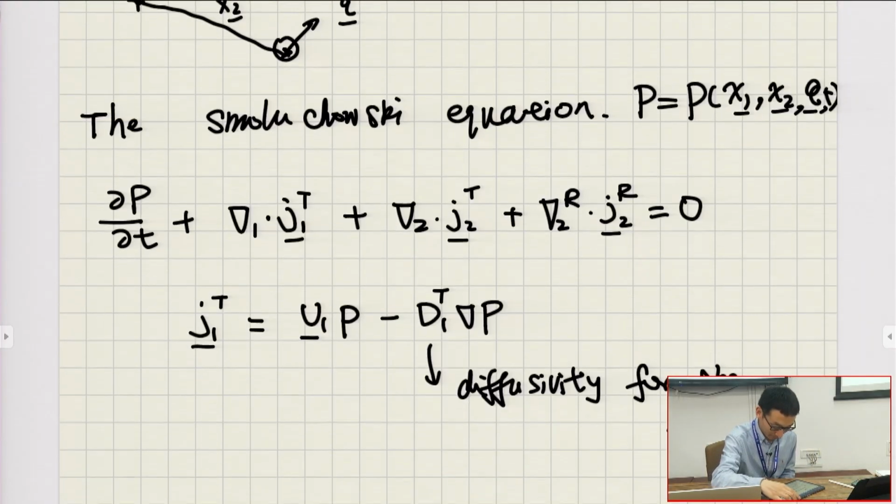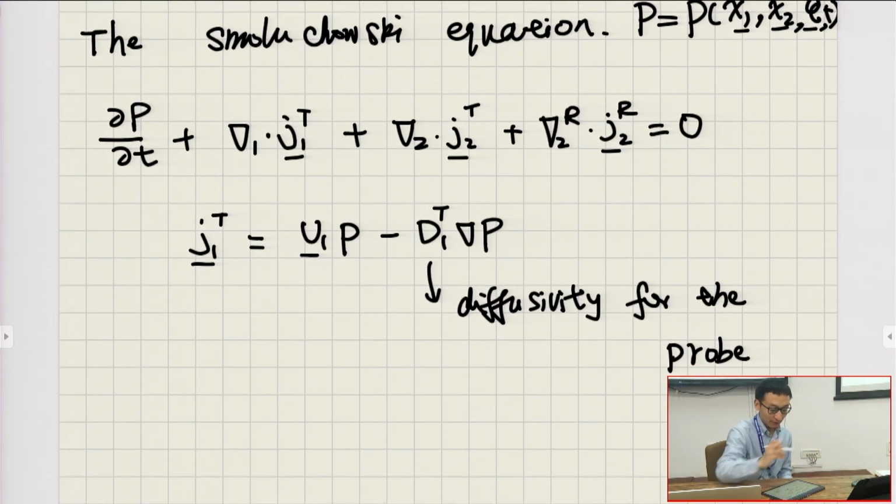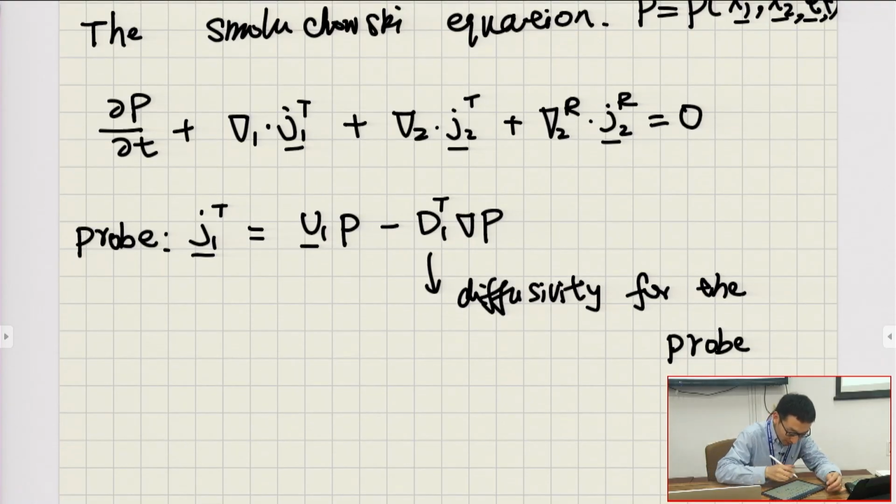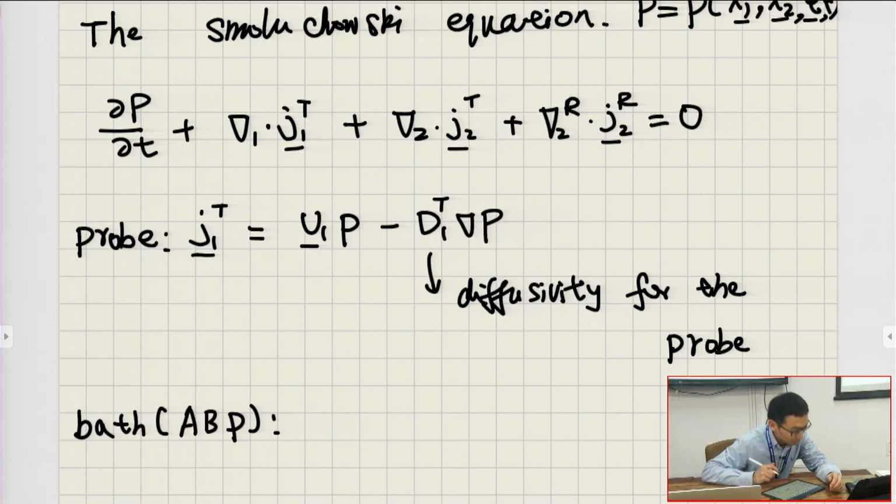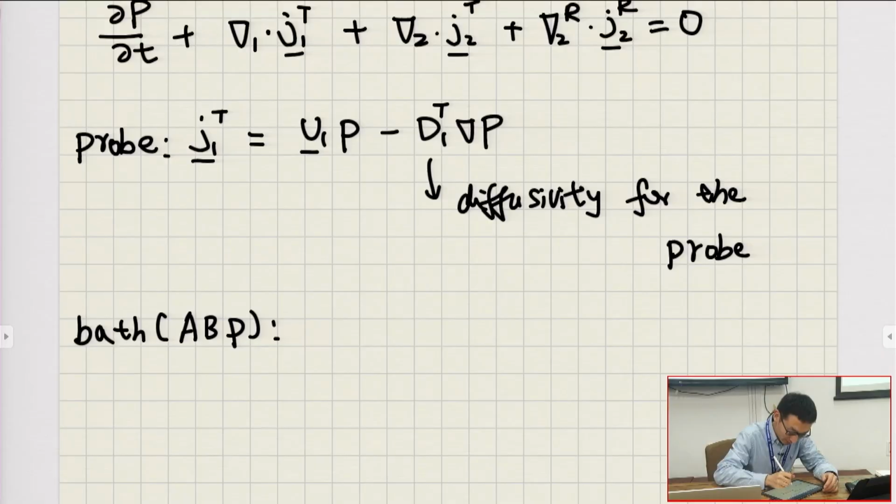So we've written down the flux vector for the probe particle. And what about for the bath particle, the active particle? We know how to write that down. We've done that quite a number of times. So it has a swim velocity, right, in direction of q.